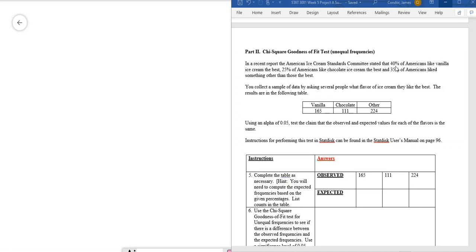Is 200. So if things were perfect in our sample, this would have been 200. So that's the expected value. What would the number be if things would have worked out perfectly? So we put that right here, 200, right?